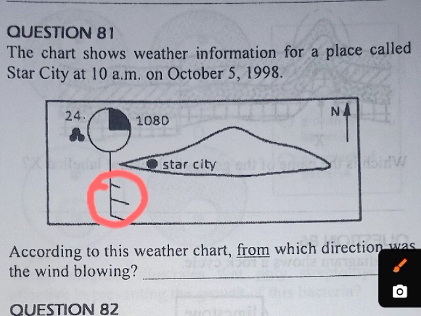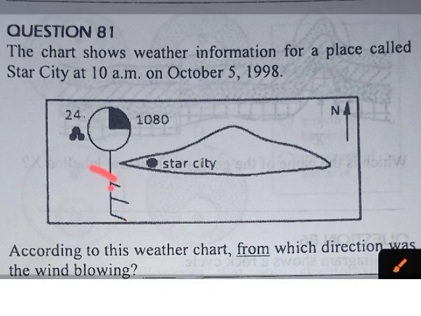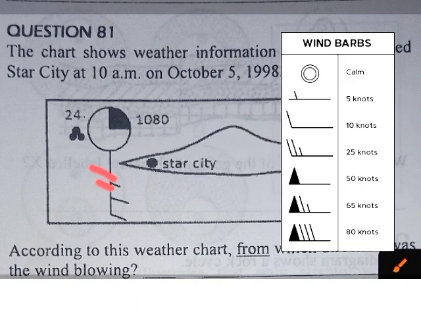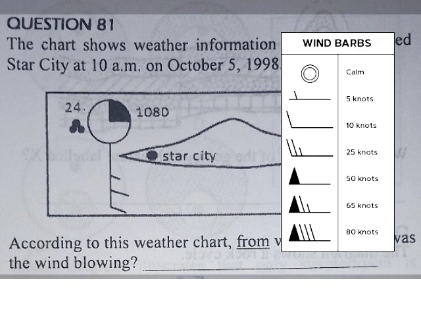The short line here represents 5 knots, or we can say 5 kilometers per hour. The 2 long ones here represent 10 each. Half of 10 is 5, which is the short one. So according to this information, we have about 25 knots or 25 kilometers per hour.